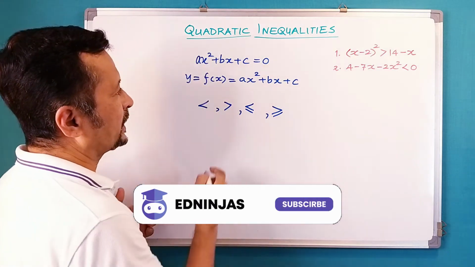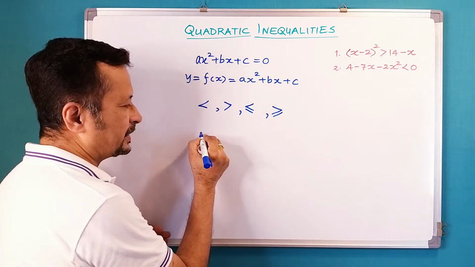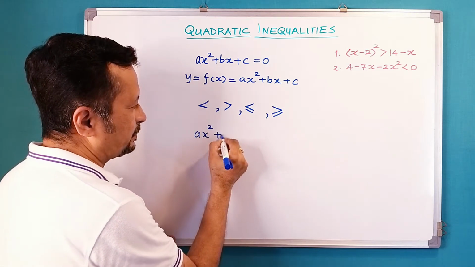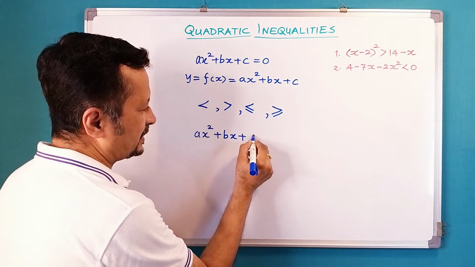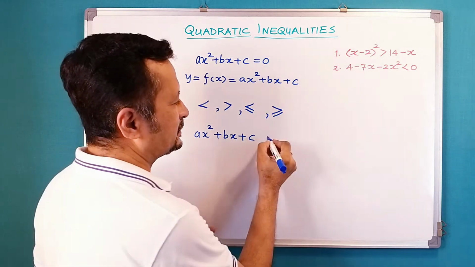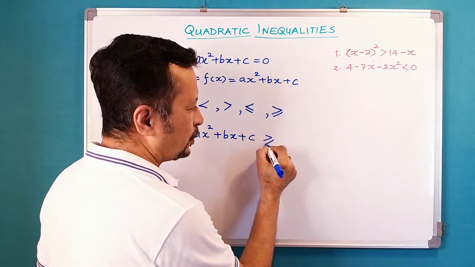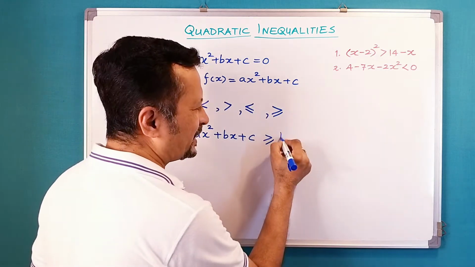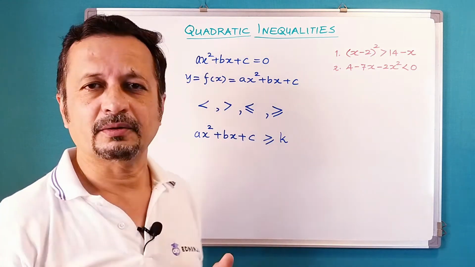Suppose I have a quadratic inequality like this: ax square plus bx plus c greater than or equal to, let us say, 0, or it can be k, where k is a real number.